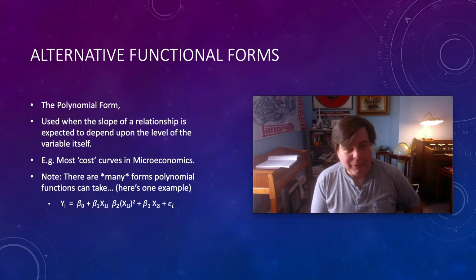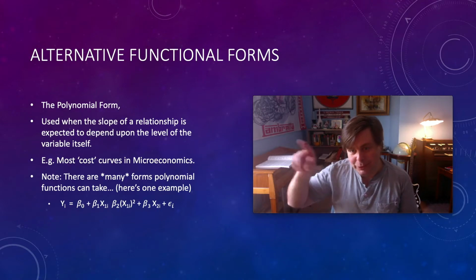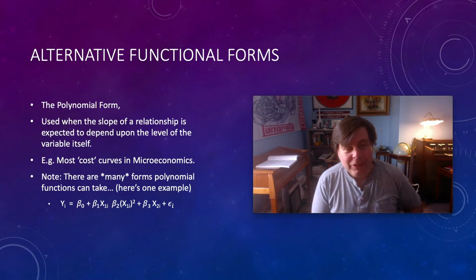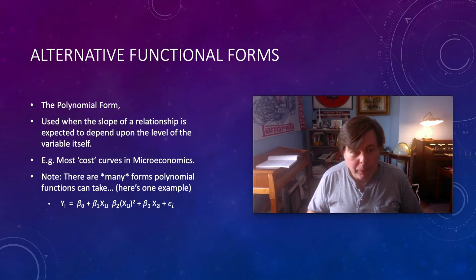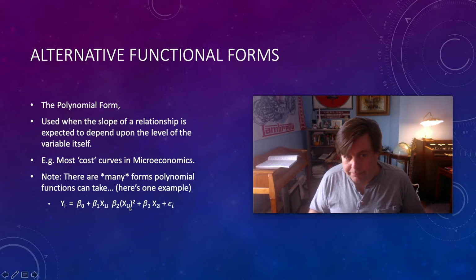Over here I give just one example, and then on the next slide I'm going to show you some pictures. So here, you'll notice something that we've not done before. There are two x1s. There's a beta 1 associated with this x1, and there's a beta 2 associated with this squared value of x1.